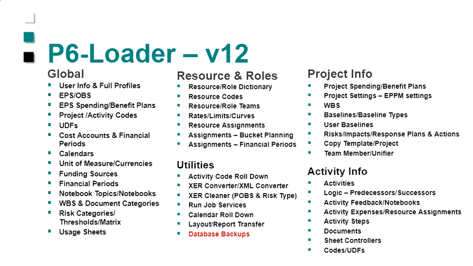I can also read and write both XCR files and XML files. I can clean my XCR file, so I can read in an XCR, clean out things like risk types or POBS records, which can cause trouble. I can run job services. So what I can do is I can load a bunch of data in, and when I'm done, I can tell the P6 to reschedule all the projects that I loaded data into.